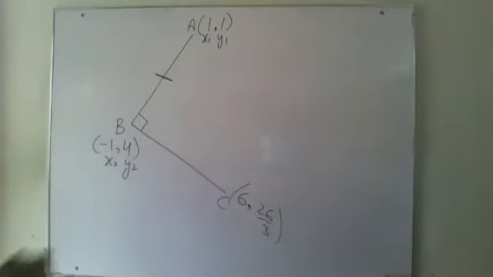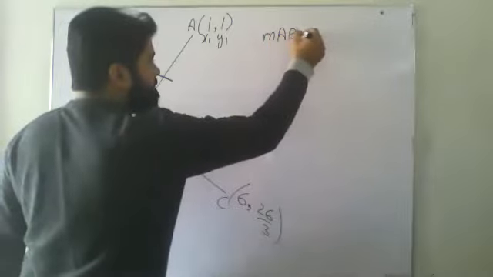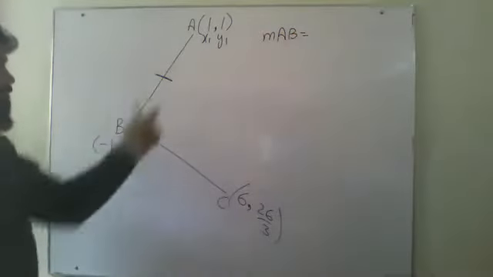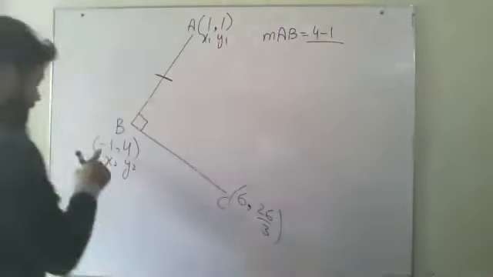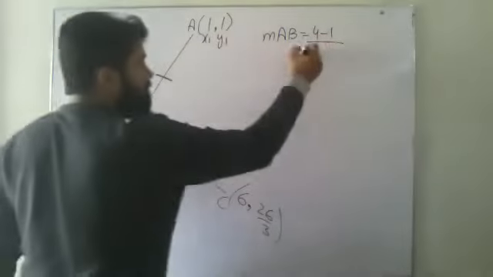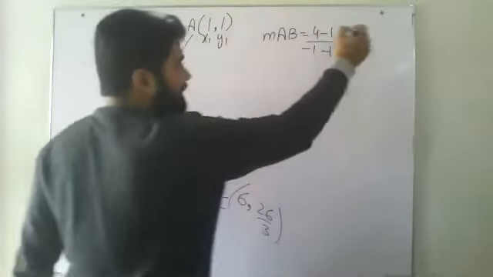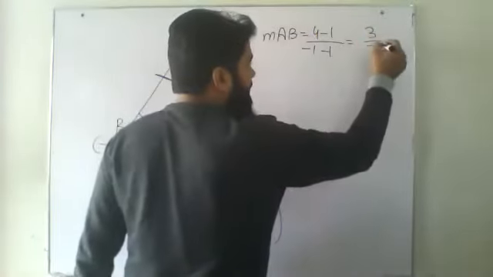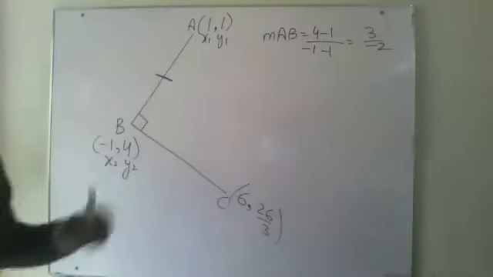So the gradient of AB will be y2 minus y1 over x2 minus x1. So when I simplify it, it will become 3 over minus 2. Okay, that's the gradient of AB I have found.